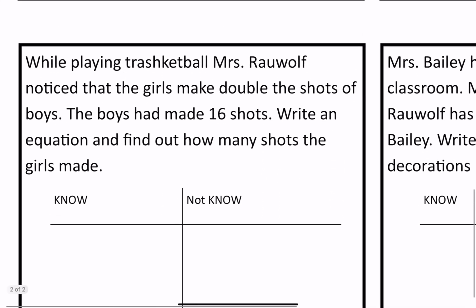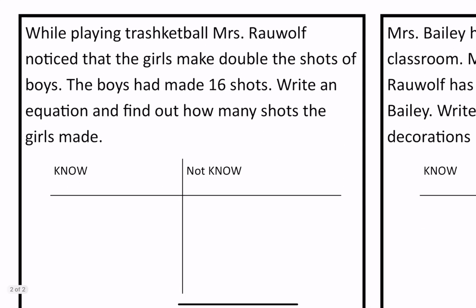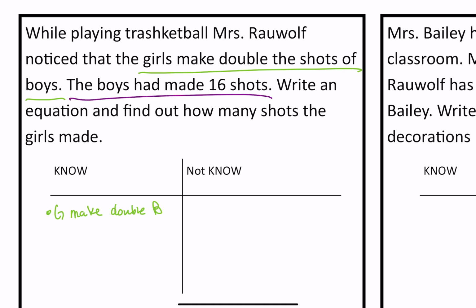While playing trash ball, Miss Rawolf noticed that the girls make double the shots of the boys, and the boys had made 16 shots. Write an equation to find out. So she noticed the girls make double the boys. So I'm going to use G for girls, make double the boys. But we also know the boys made 16 shots.